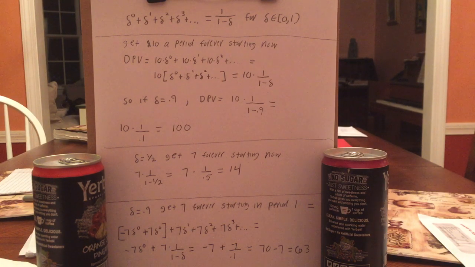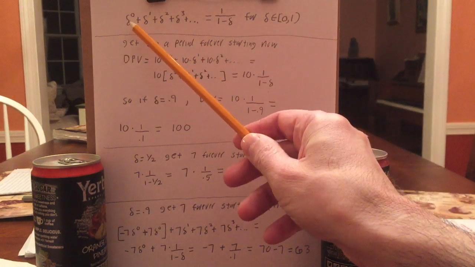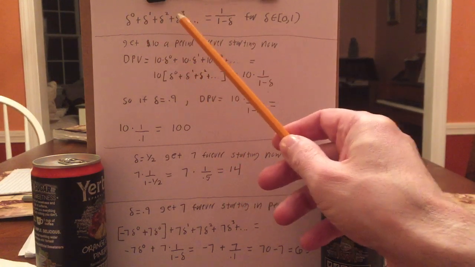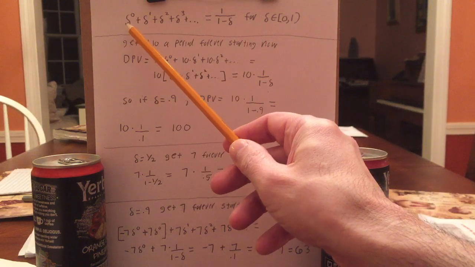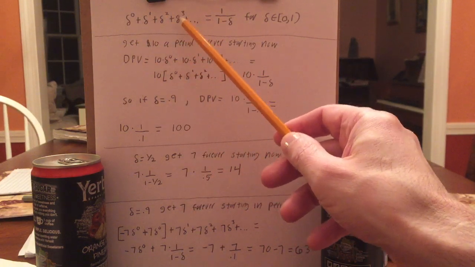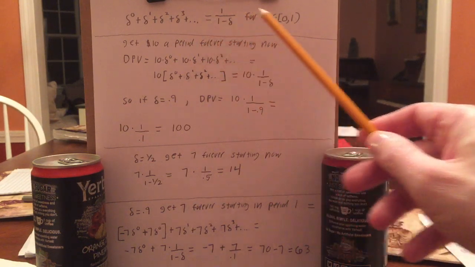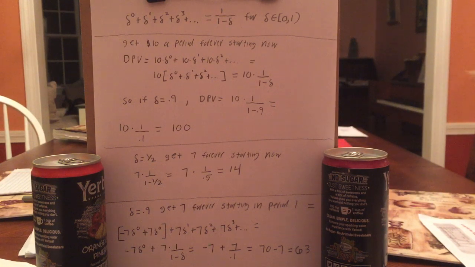One series, and we're going to use this a lot, is a geometric series, and this series is probably the simplest infinite series that converges. This is just if you have delta to the 0 plus delta to the 1, delta to the 2, delta to the 3, and so on forever. So there's delta to the trillion and 100 trillion and all the way off forever.